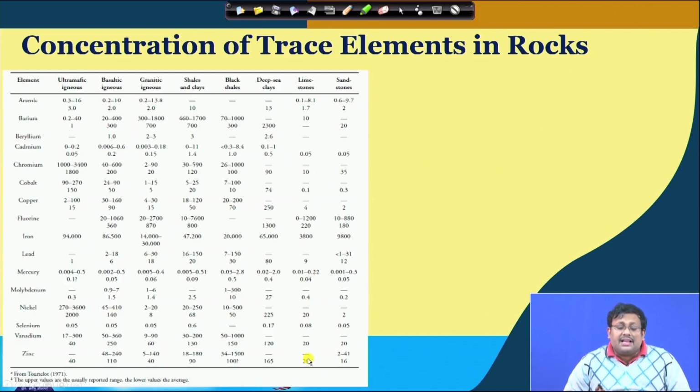This slide, or this table, shows the concentration of trace elements in rocks. The concentrations of arsenic, barium, beryllium, cadmium, chromium, cobalt, copper, fluorine, iron, lead, mercury, molybdenum, nickel, selenium, vanadium and zinc have been mentioned, in different rocks, especially ultramafic rocks, basaltic rocks, granitic igneous rocks, shales and clays, black shales, and deep sea clays.